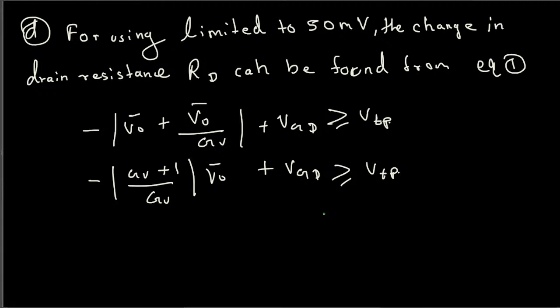Okay, and here we have to substitute GV vsig for V naught bar.